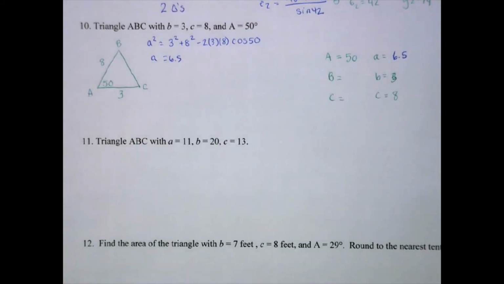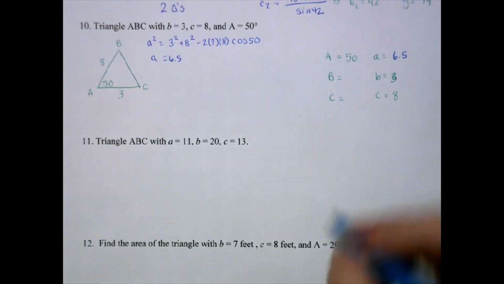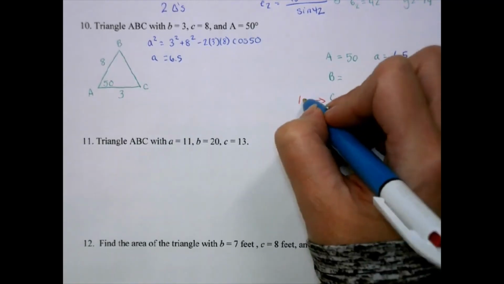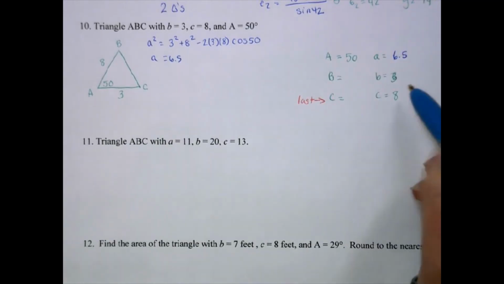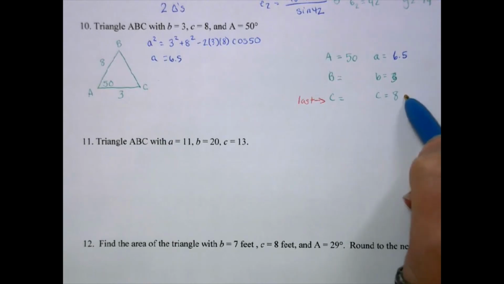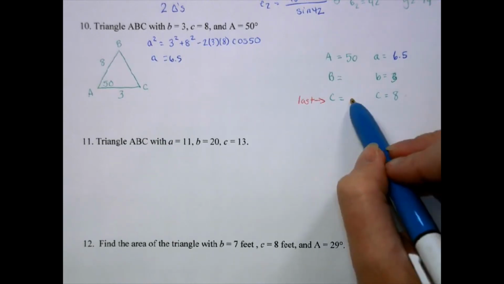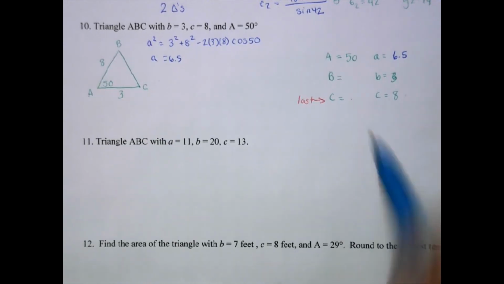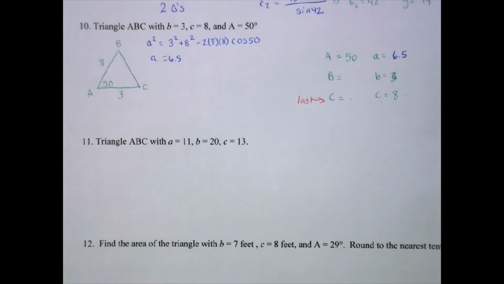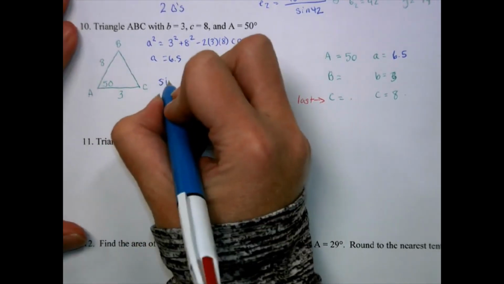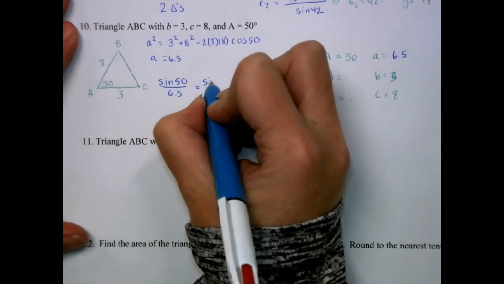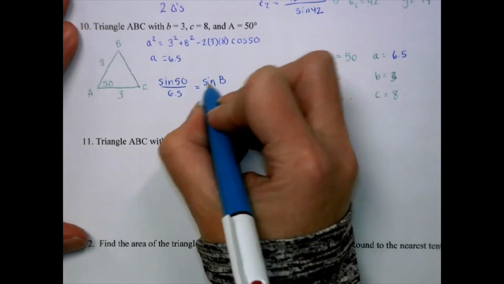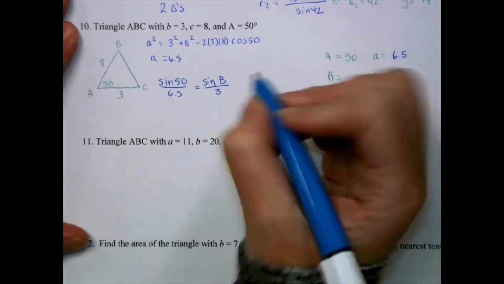Okay, now we get to solve for the angle. We're going to use the law of sines to do so, so we have to be real careful, because the law of sines will only give us an acute angle. So we're going to leave this one for last, since this is the biggest side. This one could be obtuse. So we'll do sine 50 over 6.5 equals sine B, which we know has to be acute, over 3.